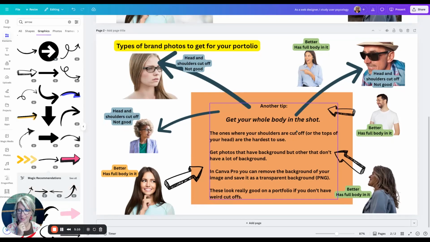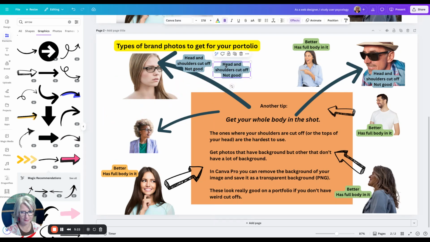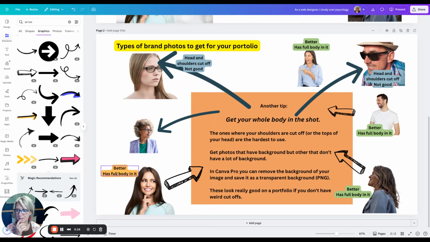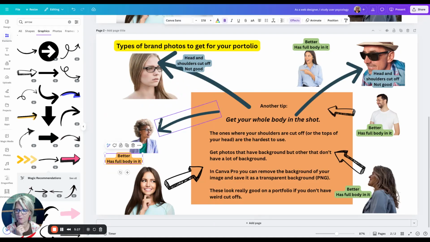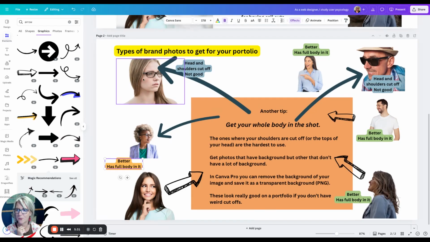The other thing is, when you do that, make sure you get your whole body in the picture. Don't cut off your shoulders. Actually, this one's okay. That one's fine. I'm going to delete that. These are better because they have the full head and the full shoulders in there. This one is not great because it cuts off the top of the head.